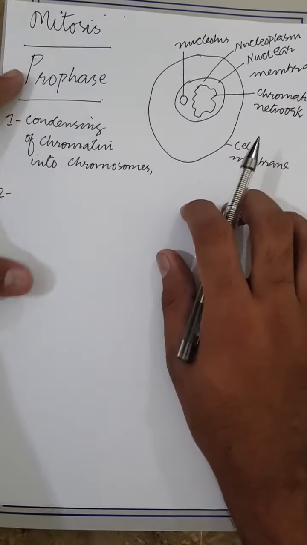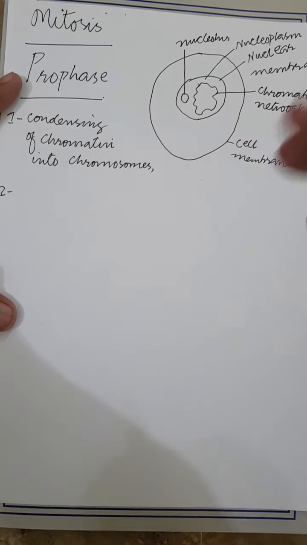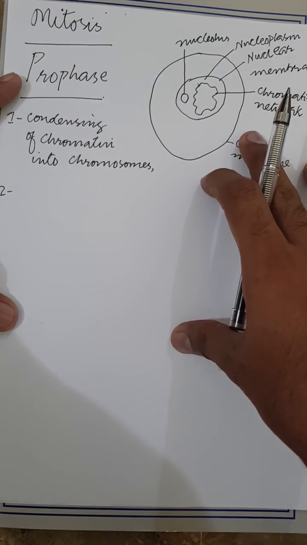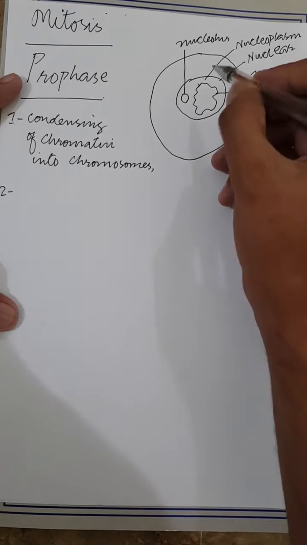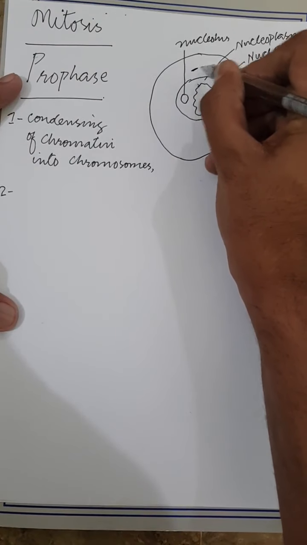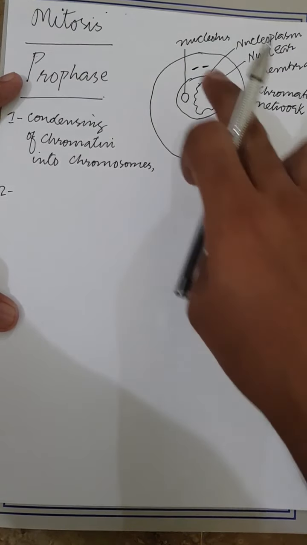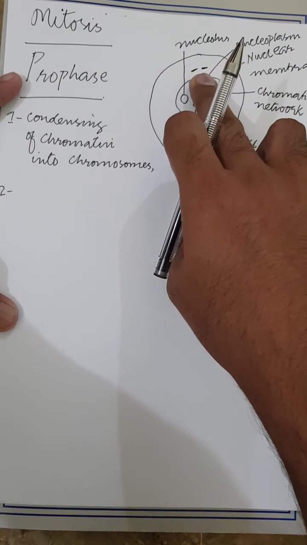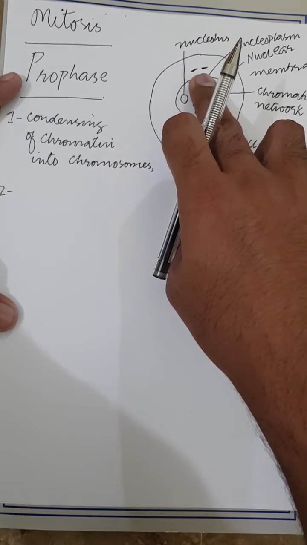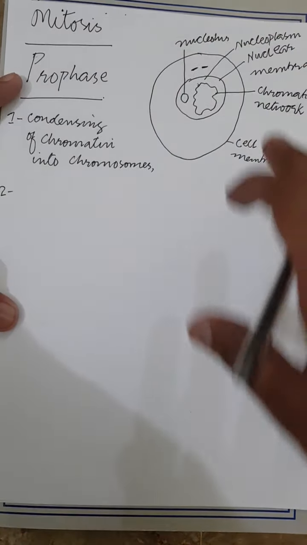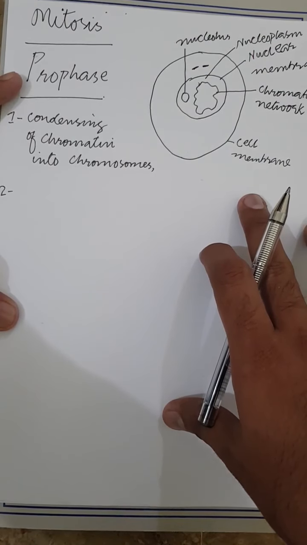If you recall, in chapter number 4 of Biology 1, the cell, we discussed that there are certain microbodies present in the cell of an animal near the nucleus, and they are called the centriole. Remember, these two centrioles collectively are called the centrosome.